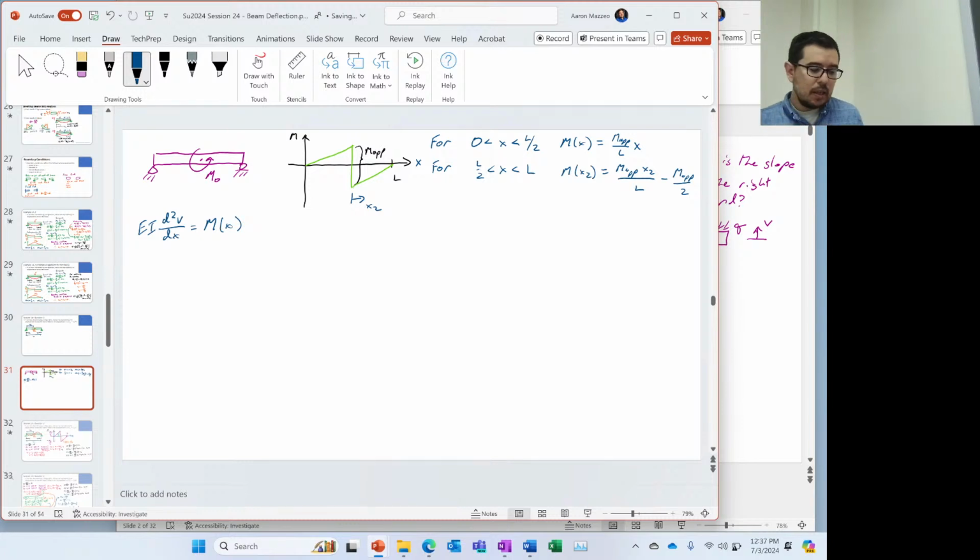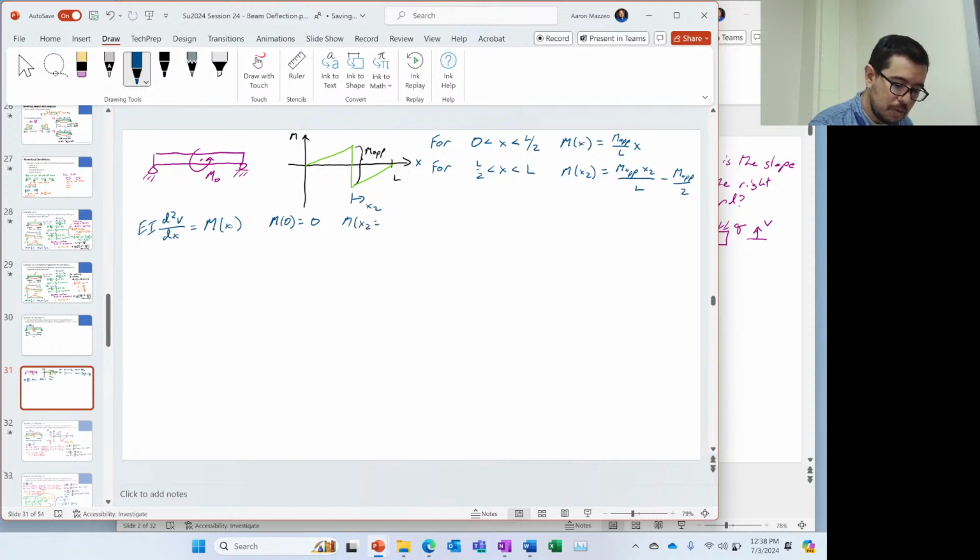Now we've got to do a couple of integrals, so it's not a bad idea to think about what the boundary conditions are that we're dealing with here. First, we know that M of 0 is going to be equal to 0. And we know that M of x2 equal to L over 2 is also going to be equal to 0.